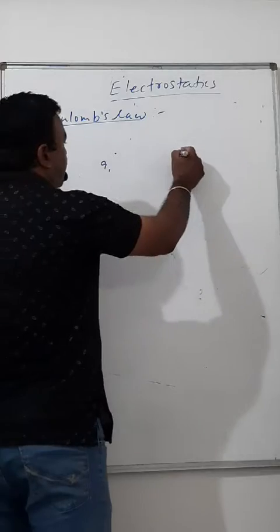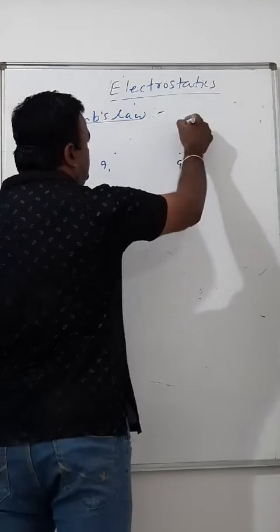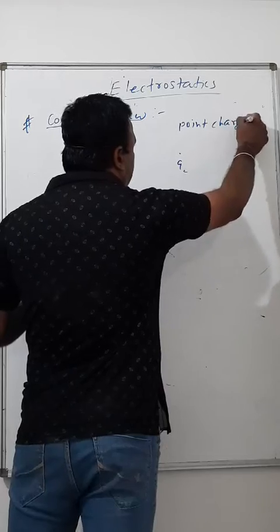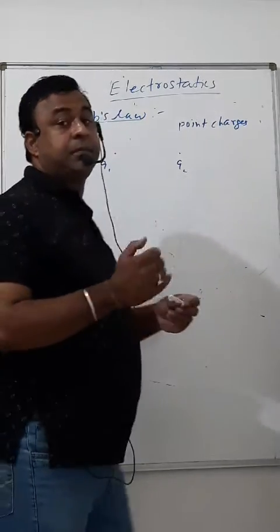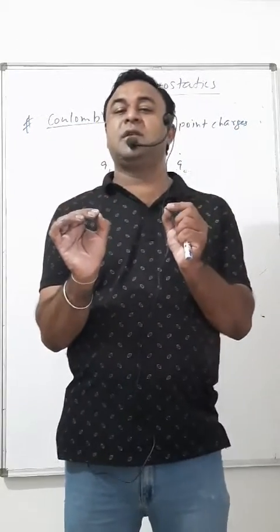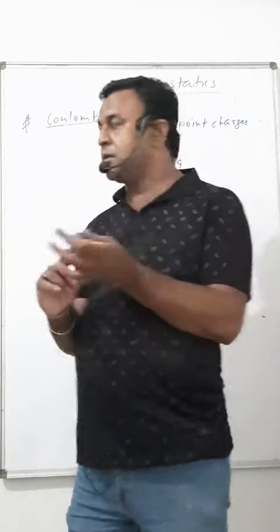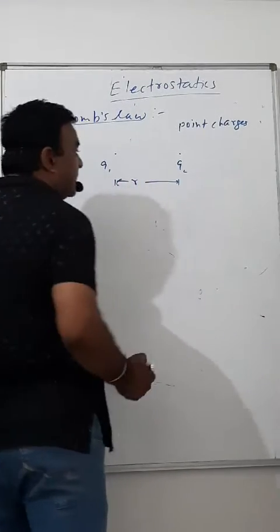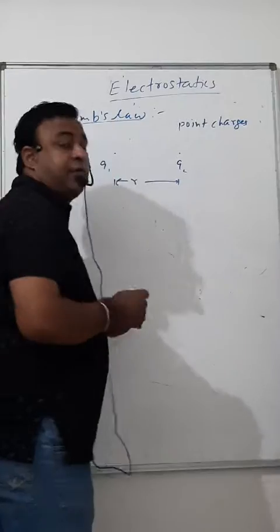We have two point charges. I'm writing here point charges. This is very important here. The charges must be very small in size, point-like. Between them there is distance r. Then there is a force of interaction.